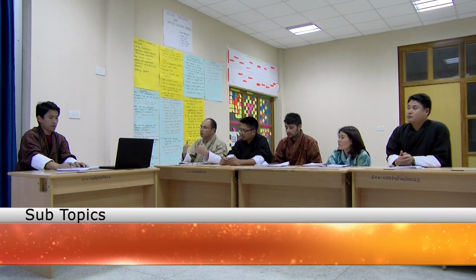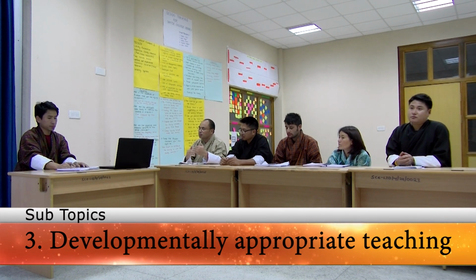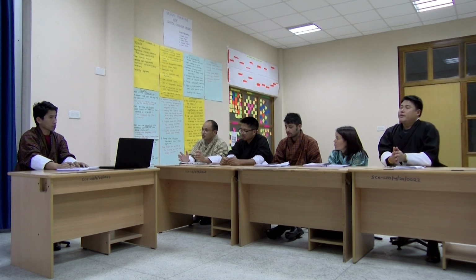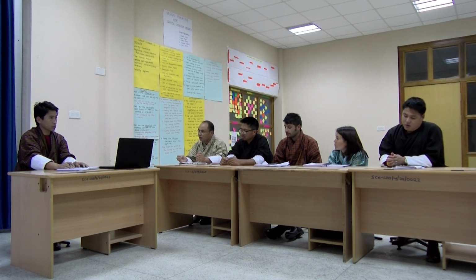So, that is what the zone of proximal development talks about. Just to summarize, it is the difference between what they can do on their own and what they can do with the assistance of somebody else.